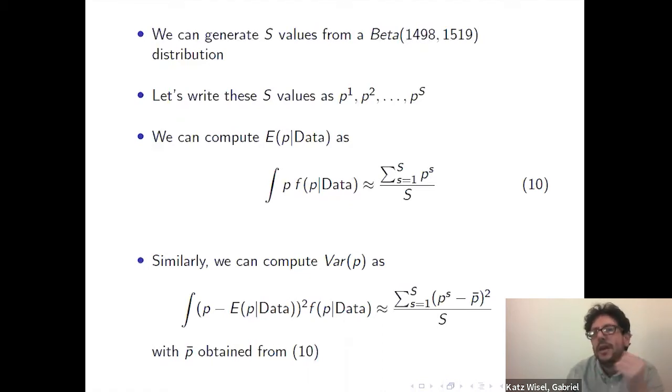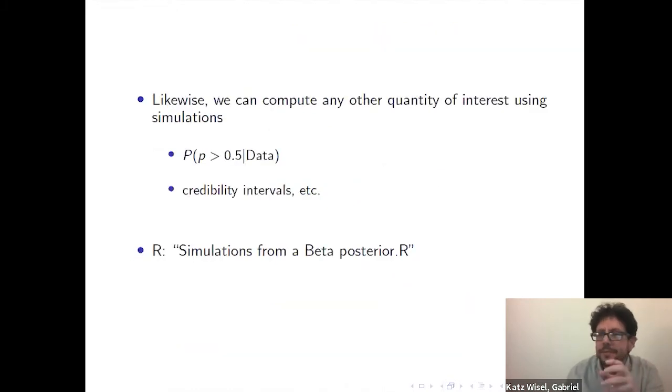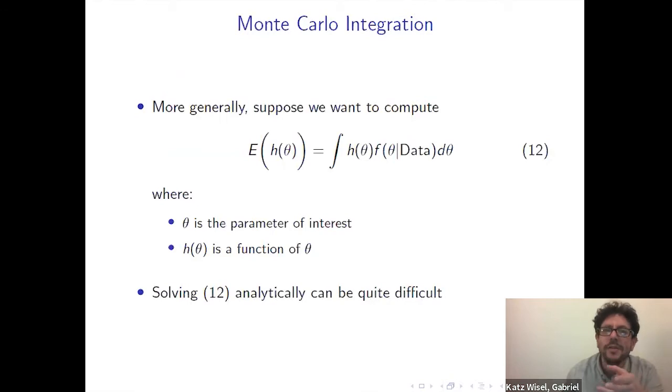And in particular, we resort to what's known in modern Bayesian computation as Markov chain Monte Carlo simulation. In the slides, I give a little bit of detail about why these Markov chain Monte Carlo simulations are called the way they are. But essentially, the idea is that when I cannot come up with closed form solutions for the parameters or quantities of interest, I can generate simulations.